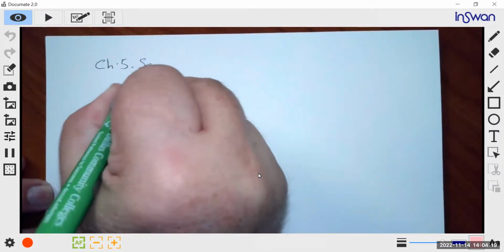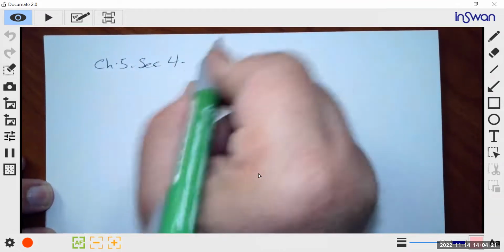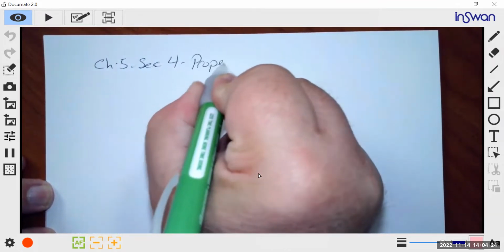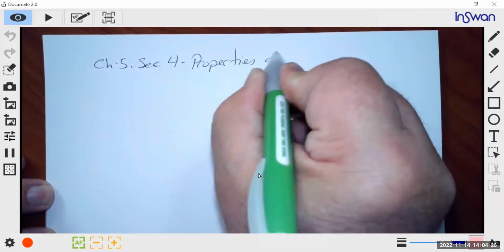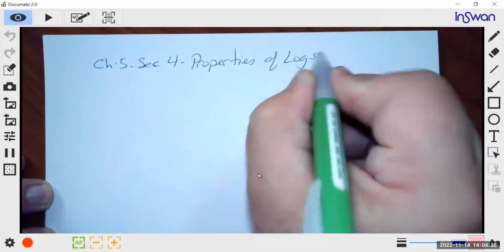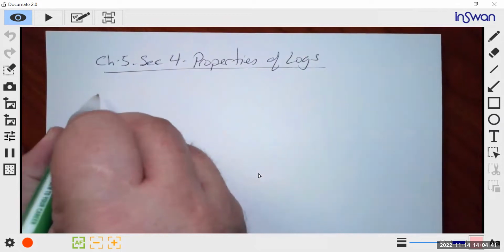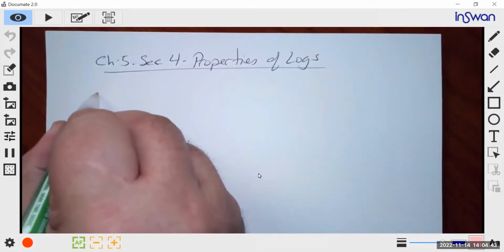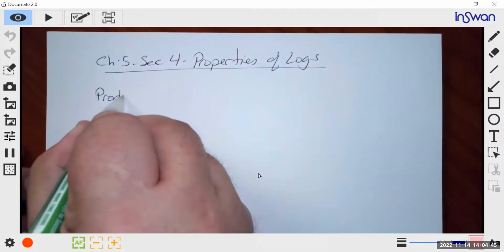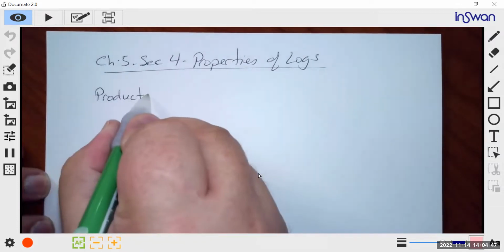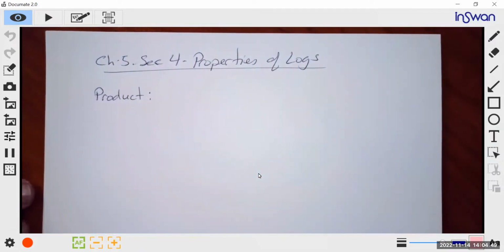Chapter 5, section 4. Properties of logs. The first one is the product property.